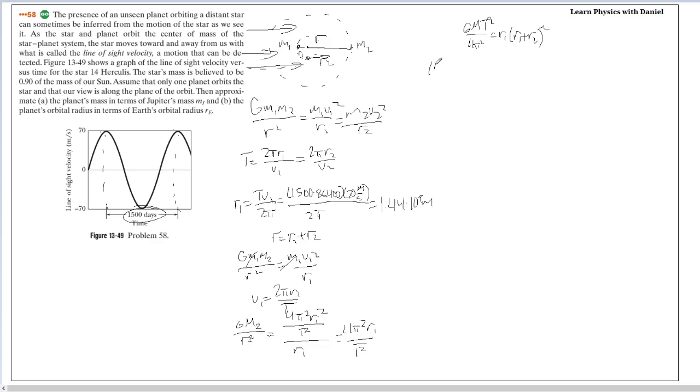So now we can plug in values, so we have a value for G, a value for M. So this is the mass of the sun, by the way. So again, we have our T, but now it's squared over 4 pi squared. And now we have 1.44 times 10 to the 9 for r1.